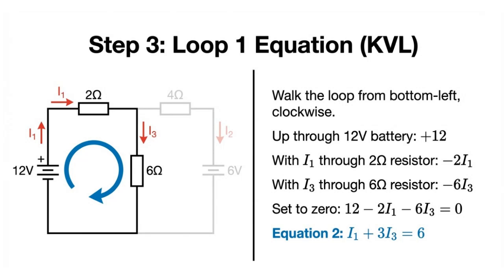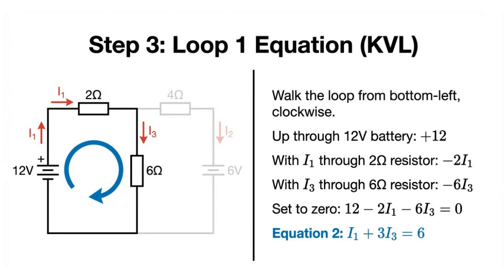Then, the current I3 flows through the 6 ohm resistor, producing a voltage drop of 6 times I3, which we also subtract. Adding all these changes together, the total voltage change around the loop should be 0, giving us the equation 12 minus 2 times I1 minus 6 times I3 equals 0.